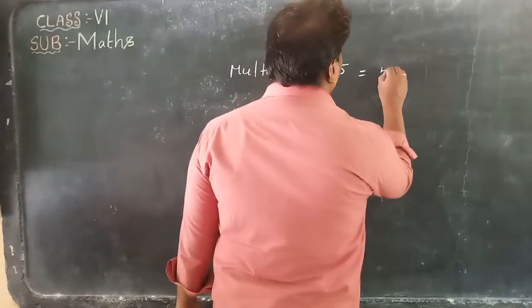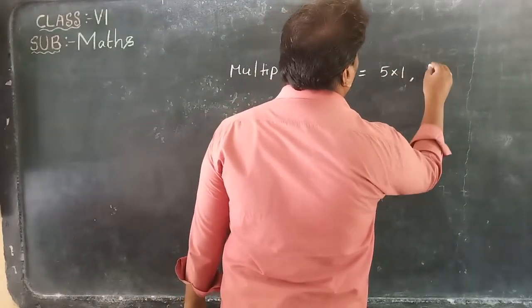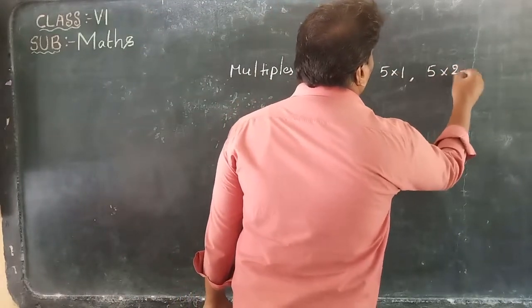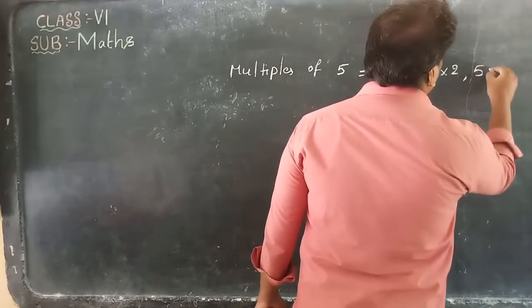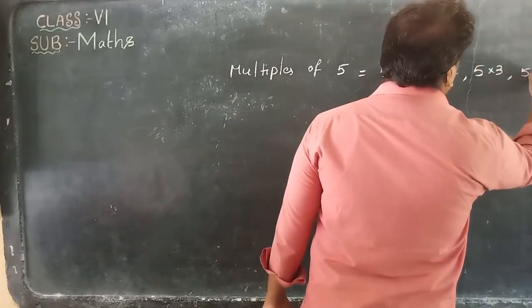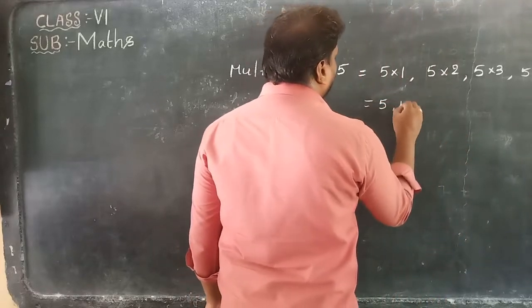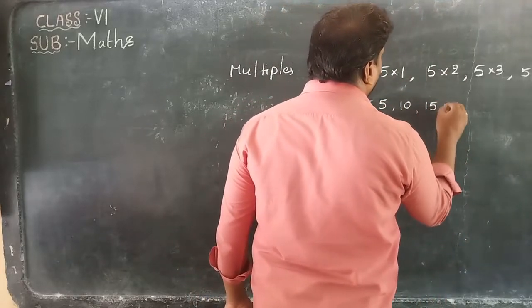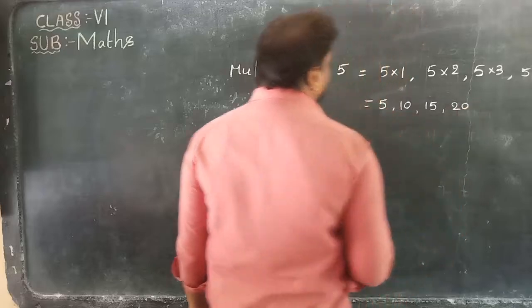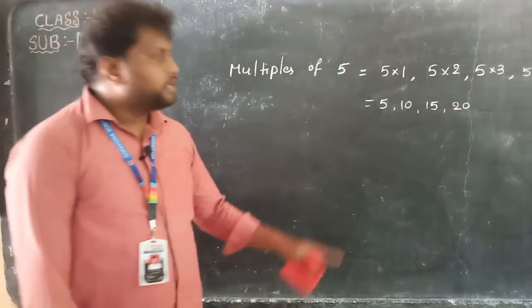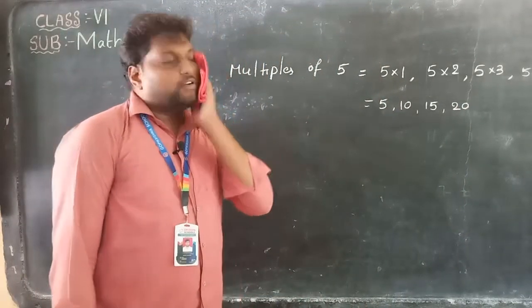Means 5 into 1, 5 into 2, 5 into 3, 5 into 4 and so on. Means 5, 10, 15, 20. These are multiples of 5.